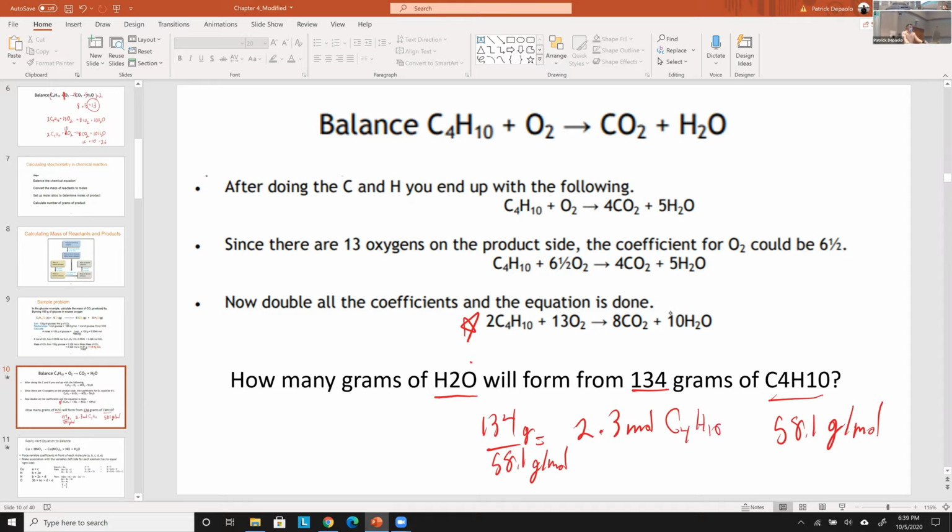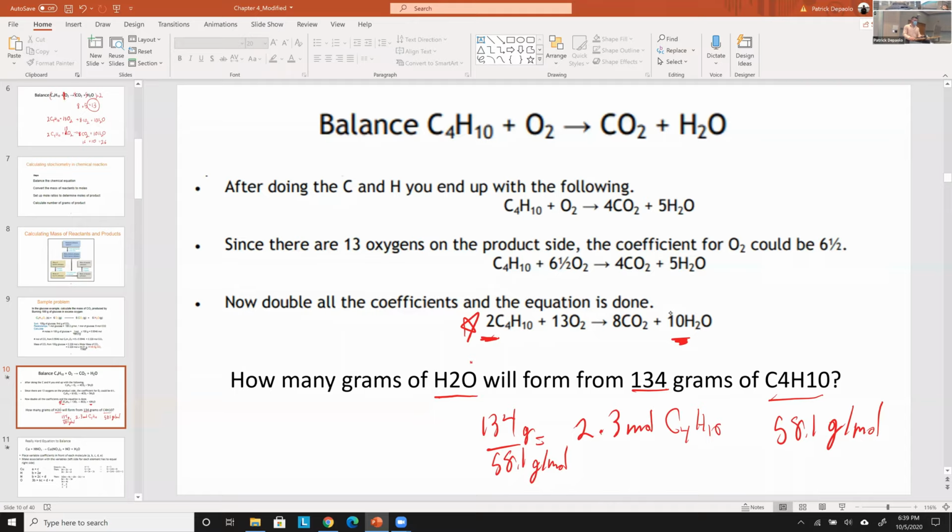Okay, so the question is asking for how many grams of H2O will be produced from that amount of butane. So let's look at the balanced equation. Butane reacts to produce water in a 2 to 10 ratio, meaning for every 2 moles of butane that are combusted, 10 moles of H2O is produced.